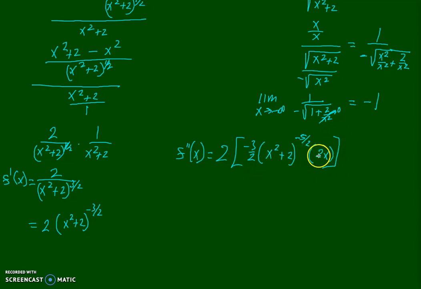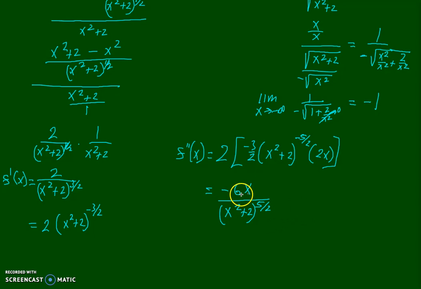Simplifying, this 2 and this 2 cancel out, and we have 2 times negative 3 times x, which is negative 6x over this denominator, (x squared plus 2) to the 5 halves power.